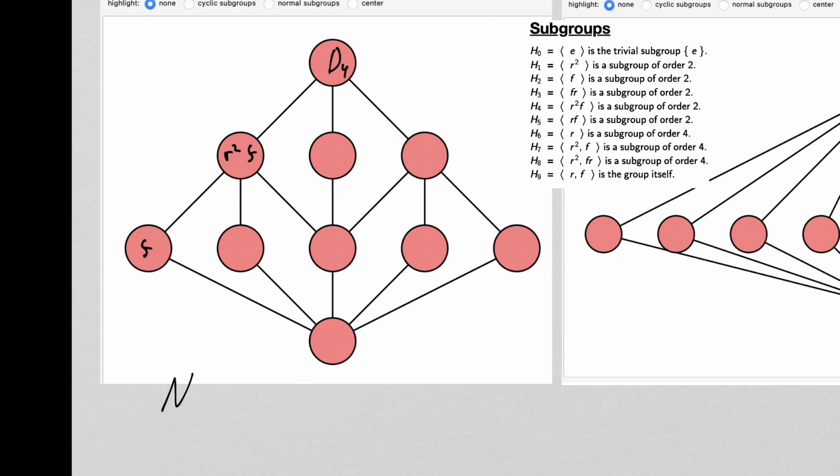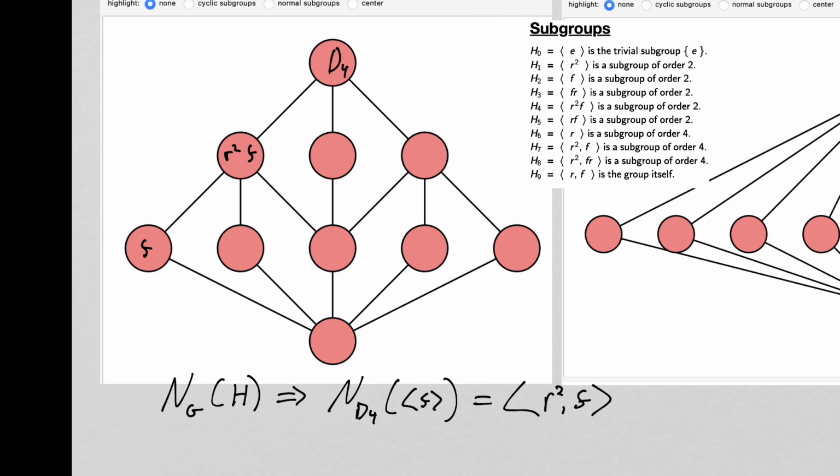It's written as the normalizer in G of the subgroup H, which in our case becomes the normalizer in D4 of the subgroup generated by F. And that equals the subgroup generated by R squared F. We can tell this right away from the subgroup diagram, because the normalizer of any non-normal subgroup is always a subgroup itself of the larger group.